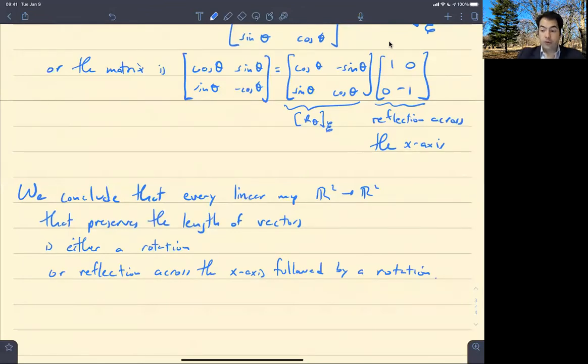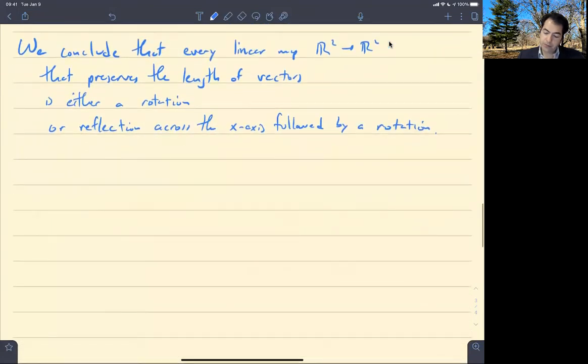Okay, so those are the only maps that preserve the length of vectors.